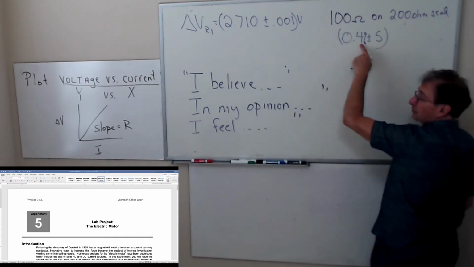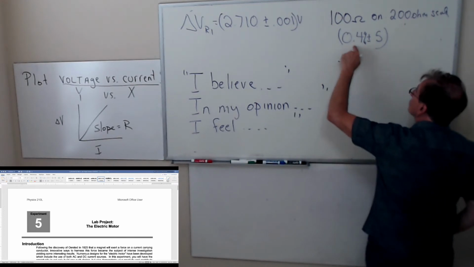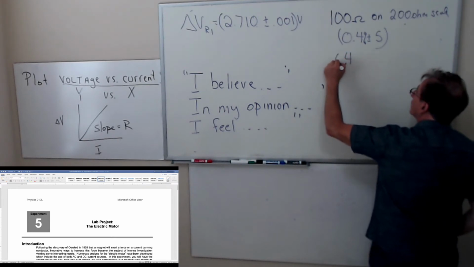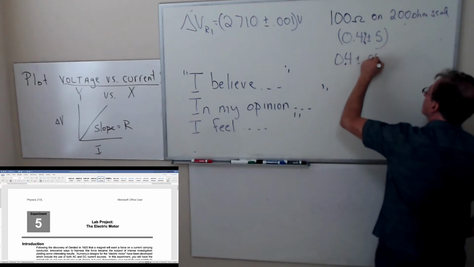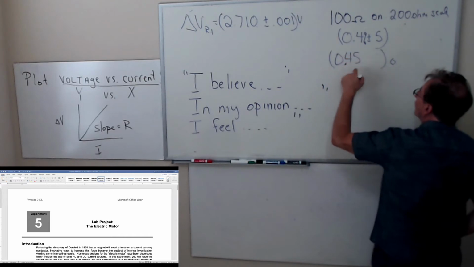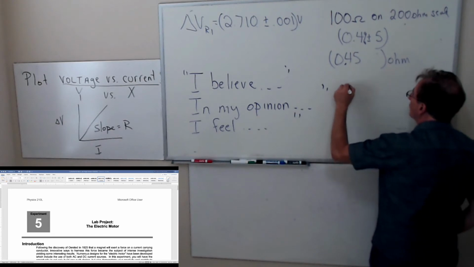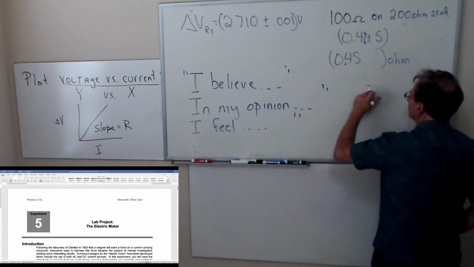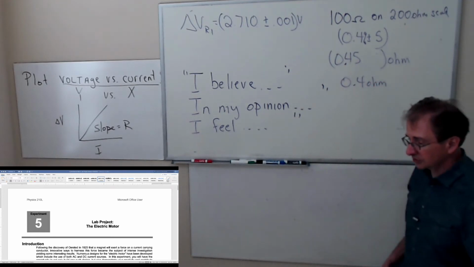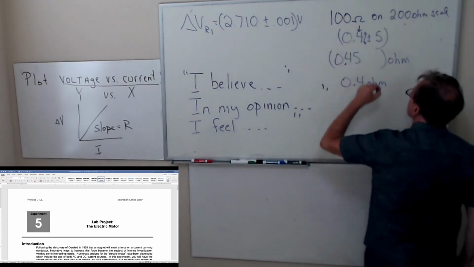Which means the digit after the least significant figures of 5 is out by 5. So what this means is your uncertainty is 0.4 plus or minus 0.05 ohms. It doesn't make sense. So this could be 0.45 or this could be 0.35. But I'm just going to quote it as 0.4 ohms because in our class, we quote our uncertainties to one decimal place. So it basically would go by this number.